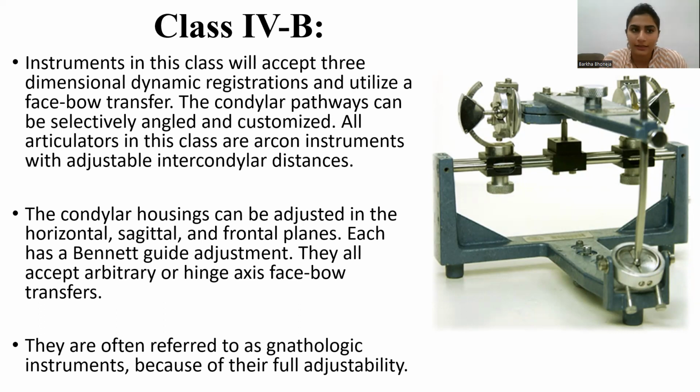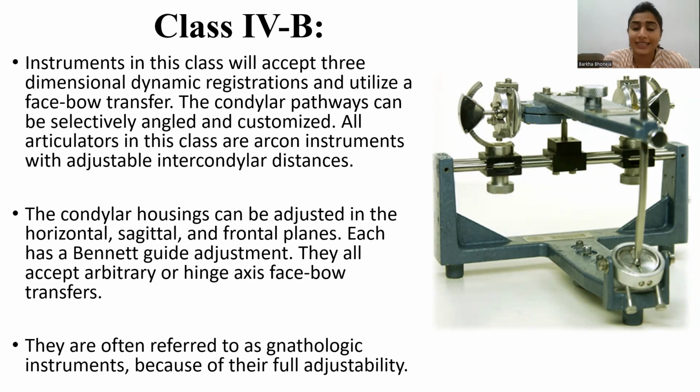How will you angle the condylar path? These condylar pathway values can be angled by taking a protrusive record of the patient. When the patient bites in protrusive and the bite is kept and this registration is transferred to the articulator, you'll get an angle of condylar guidance to some extent. So this angle is then transferred onto the articulator.